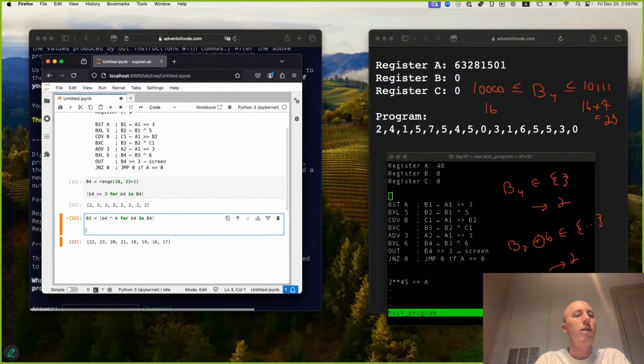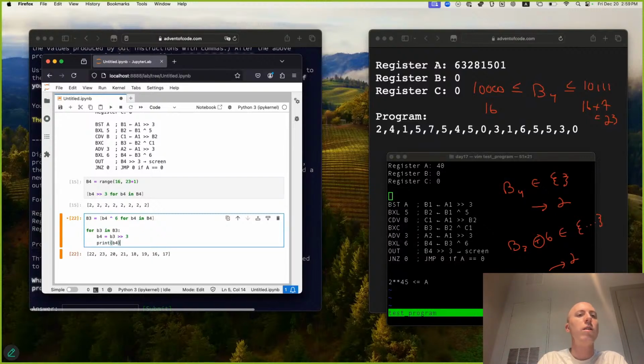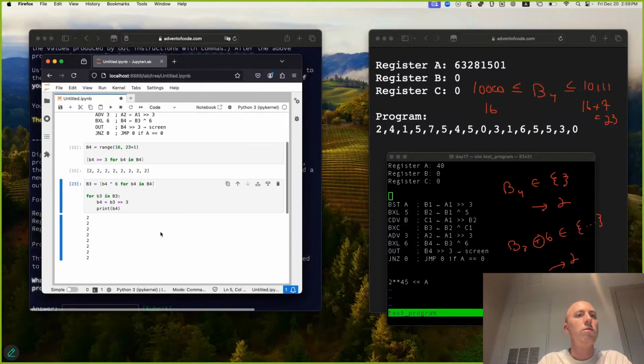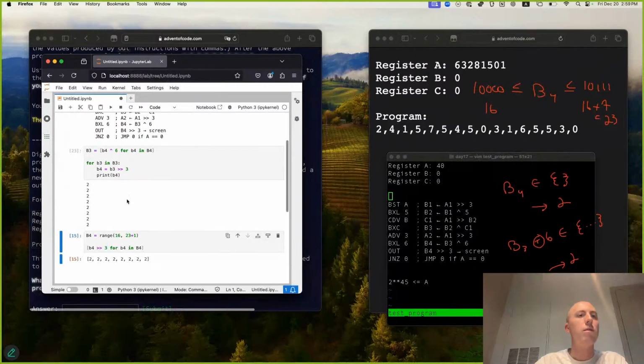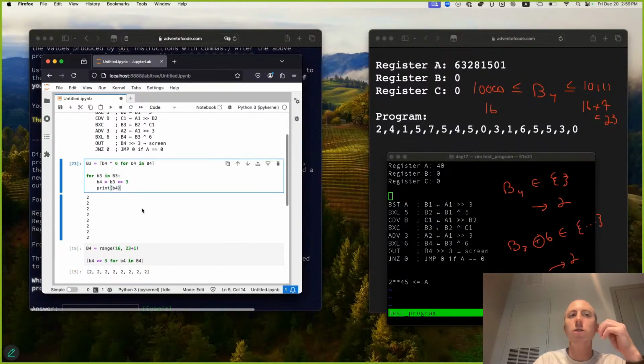But yeah, if we take all the B3s and say, for B3 in B3, B4 is equal to B3 shifted over by 3, and then we print B4, we're going to get 2s. Okay, that's good. This is pretty cool.